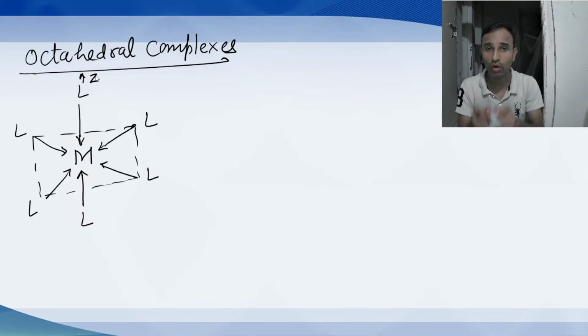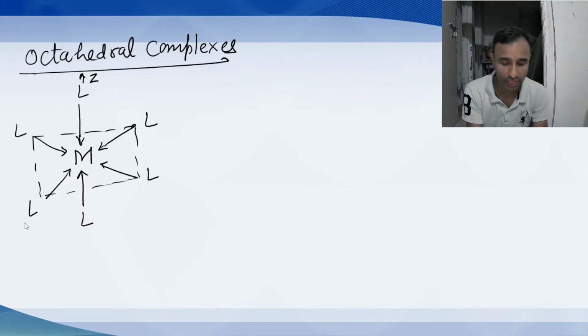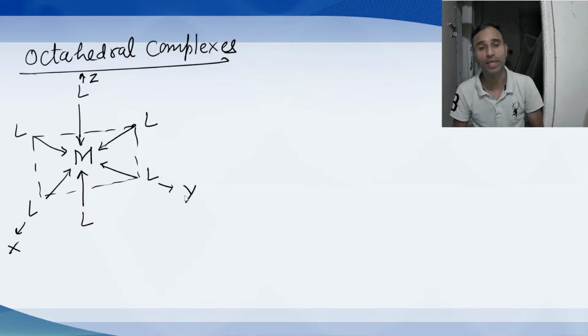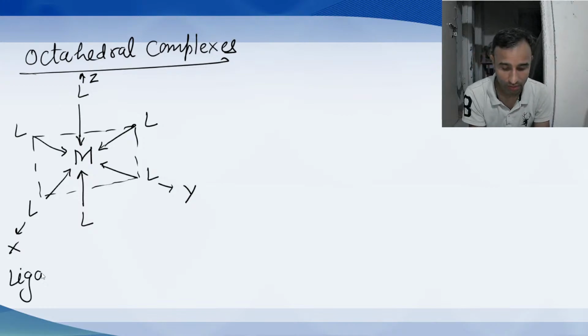Obviously, all the ligands are on lines which are perpendicular to each other. That means they form Cartesian coordinates. Let us say this is the x-axis, this is the y-axis. So all the ligands are on the axis.